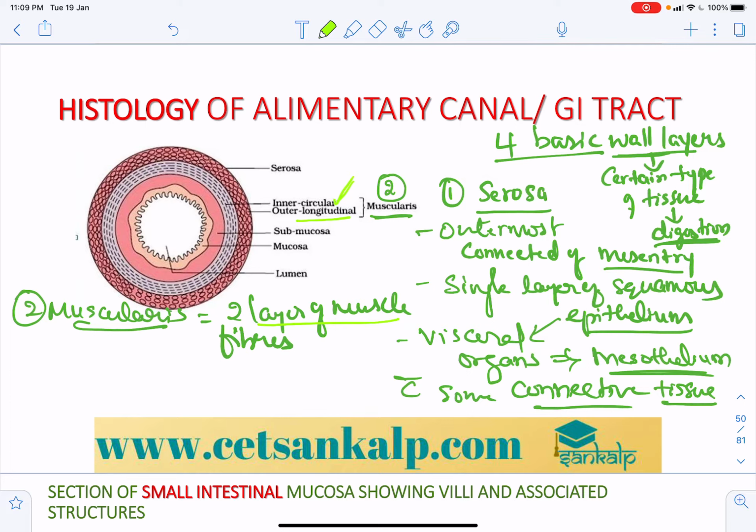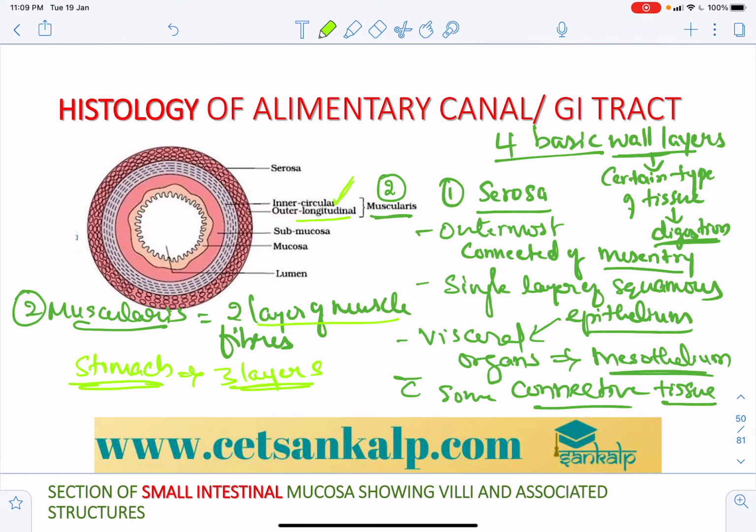In the stomach it varies. Note, the muscularis is made up of three layers. The additional layer is an oblique layer.